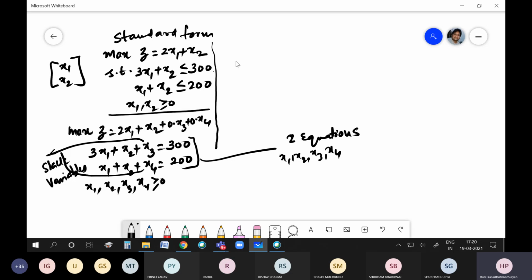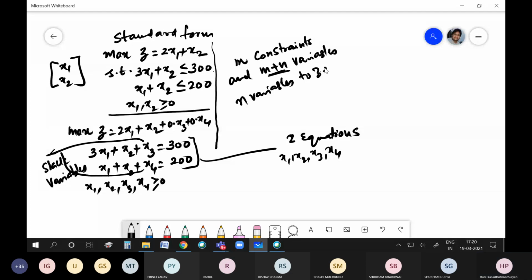In general, if we have m constraints and m plus n variables, if we make n of these variables 0, then we can solve the constraint equations uniquely for the remaining m variables.